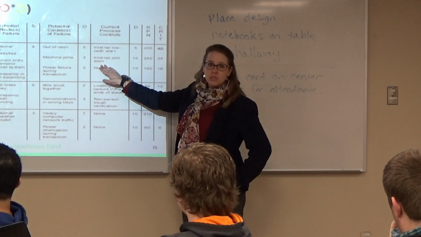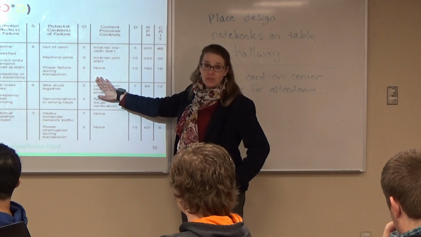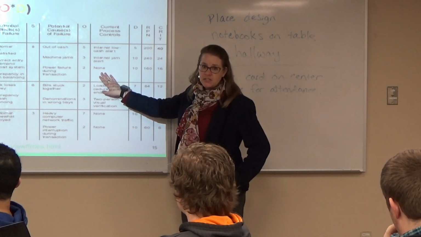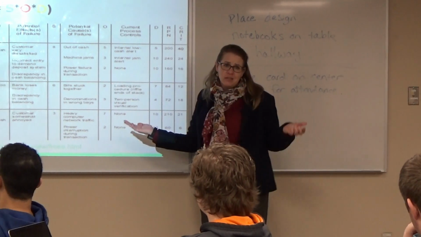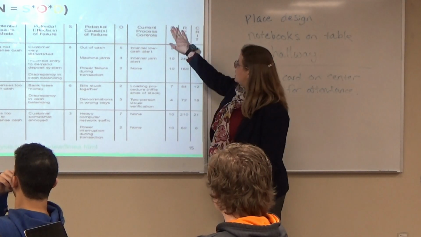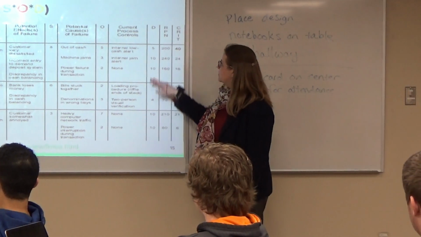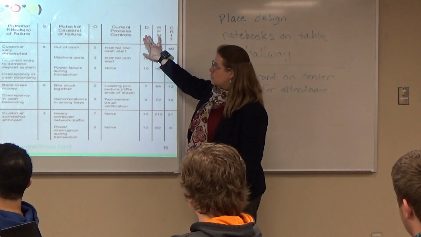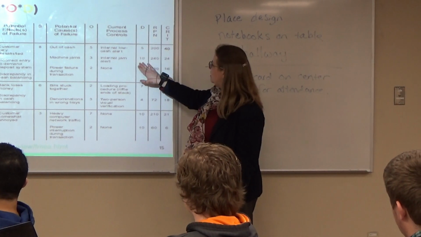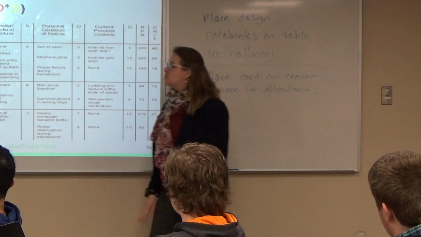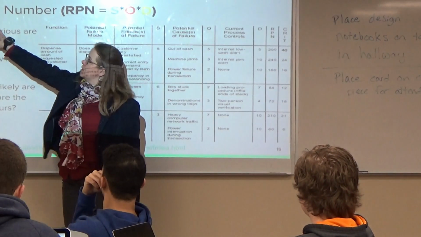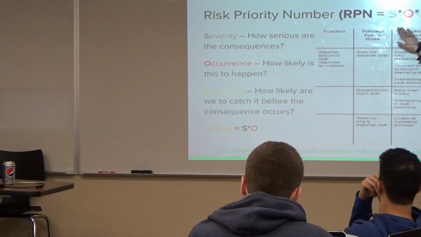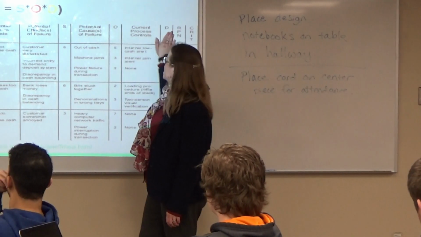Or internal jam alert? Or do we have nothing? Because we have nothing that will detect if there's going to be a power failure. It's kind of hard to predict, right? Then we give that a number as well. On a scale from 0 to 10, how likely are we able to catch it? 5, 10, 10.